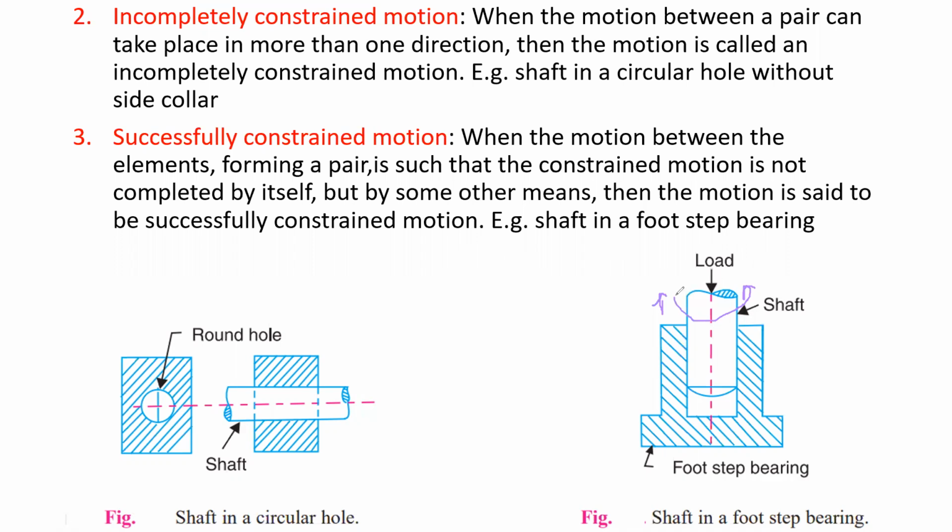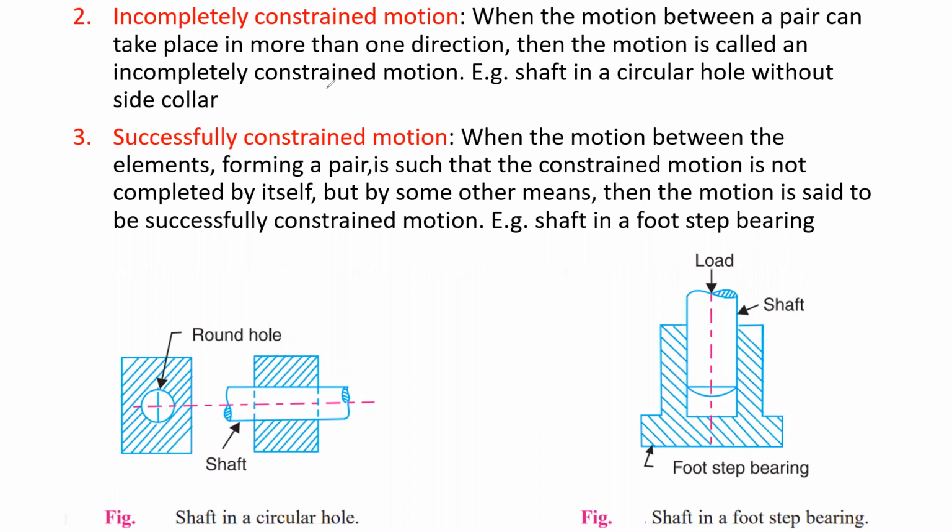Here load does that work. Some sort of load is there, though there is no mechanical connection. So that is the main difference. So these are the three types of constrained motion. Completely constrained and successfully constrained motions are of our use. Incompletely constrained motion is not useful in mechanisms.